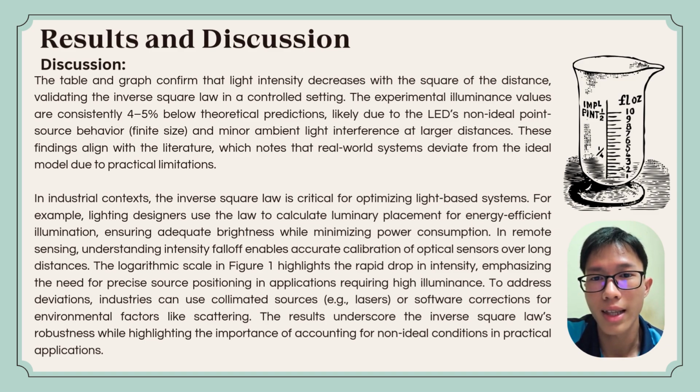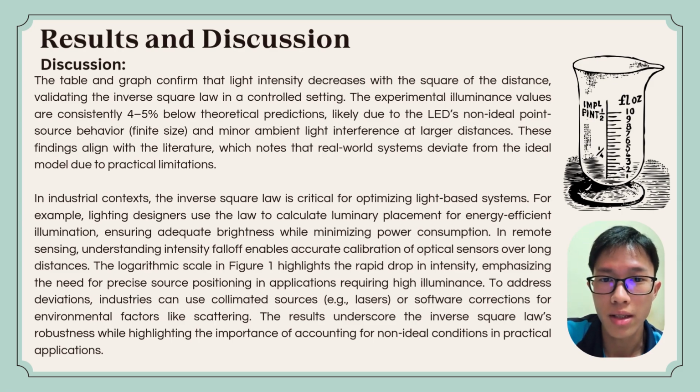For example, lighting designers use the law to calculate the luminaire placement for energy efficient illumination, ensuring the brightness while minimizing the power consumption. In remote sensing, understanding the intensity falloff enables accurate calibration of optical sensors over long distances.